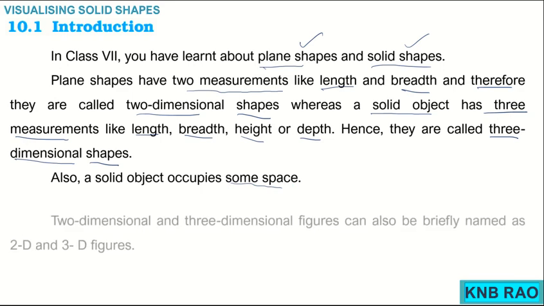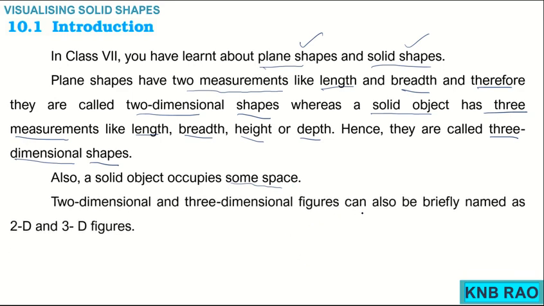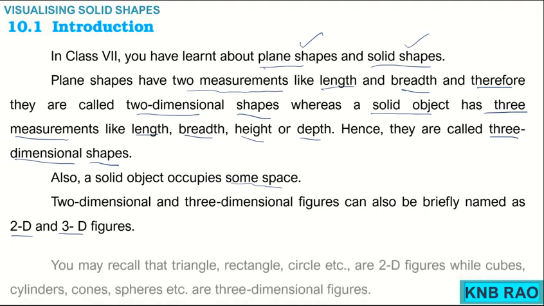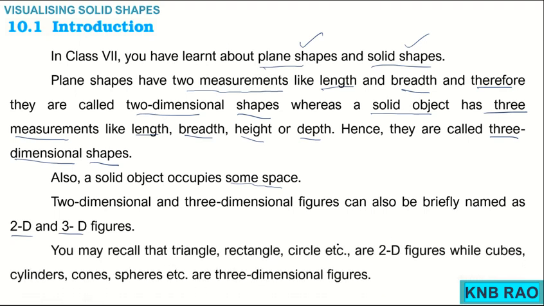You know that two-dimensional and three-dimensional figures can also be briefly named as 2D, 3D figures. You may recall the triangle, rectangle, circle, etc. all two-dimensional figures. Cubes, cuboids, cylinders, cones, spheres, all are three-dimensional figures.